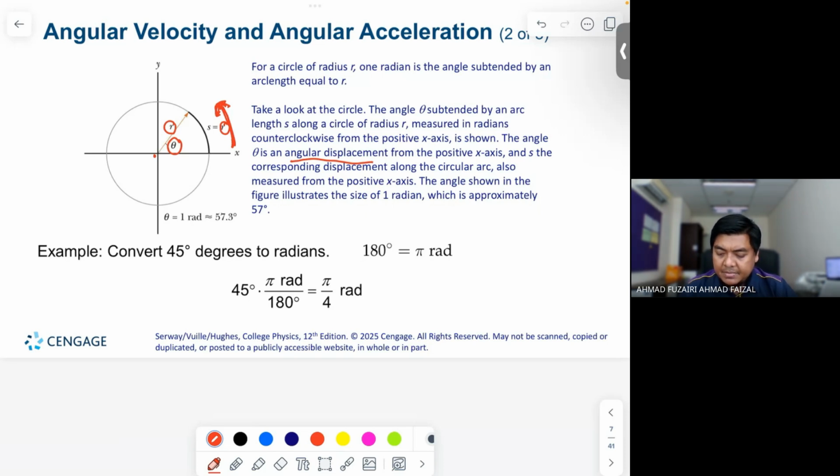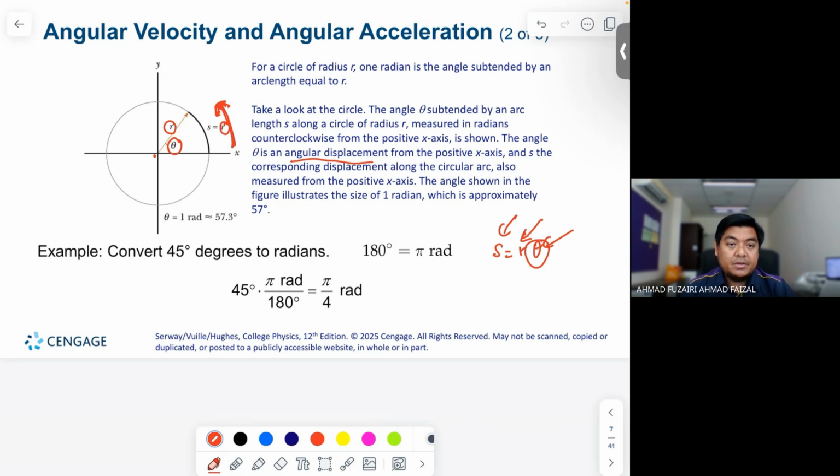As we mentioned during our school days in maths, we have s equivalent to r theta. So when we want to find the arc length, the panjang lengkuk, we use the radius, jejari, and also the theta. Now remember, the theta must be in radian.